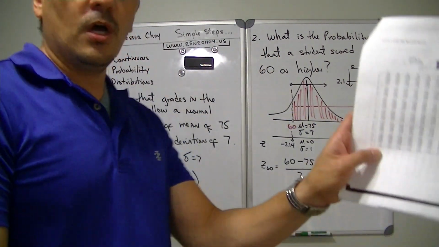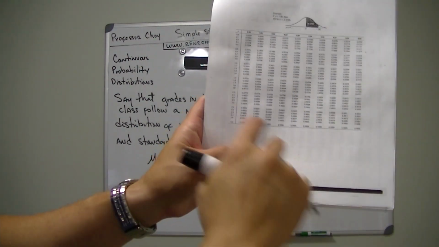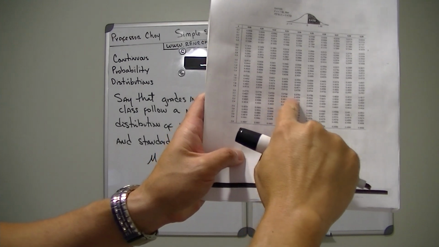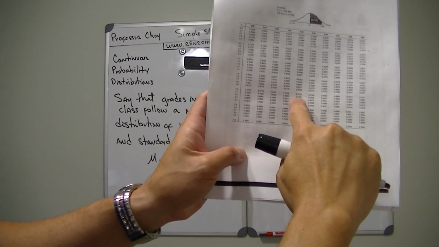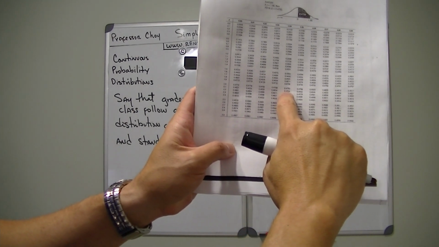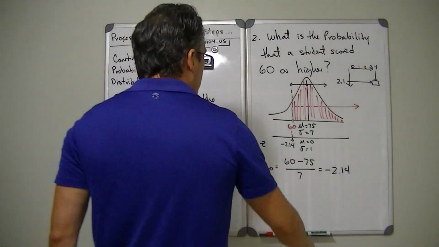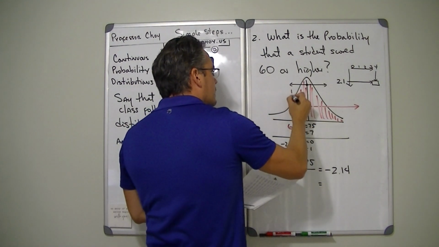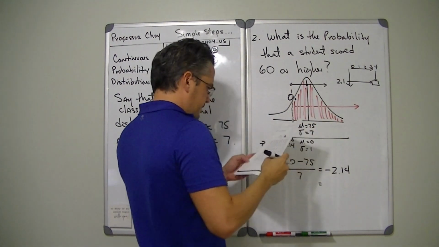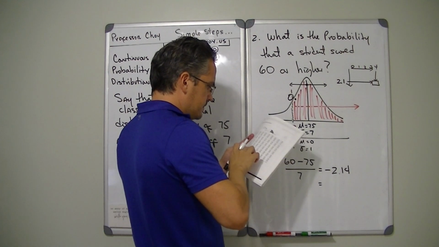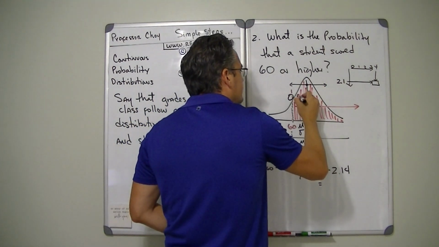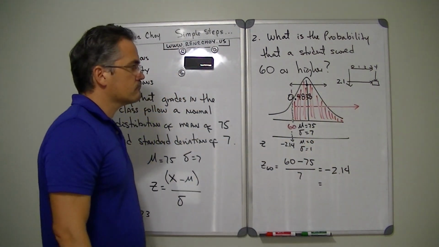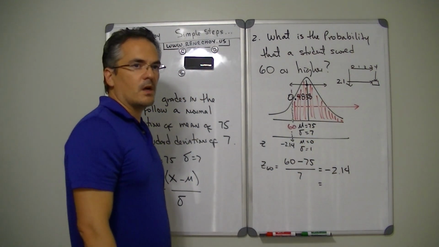So the probability of negative 2.14 is 0.4838. Good so far?